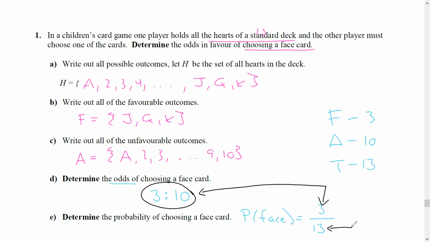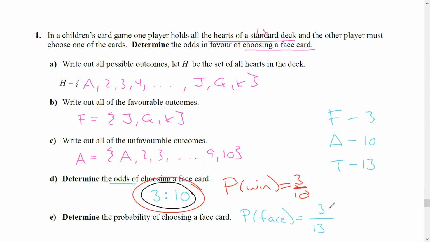I think when people think odds, they actually think odds and probability are the same thing. So the really wrong thing here to do is to say, they give you the odds. They say the odds of winning are 3 to 10. And what people do then is they say, oh, okay, if that's my odds of winning, they think this, 3 over 10.